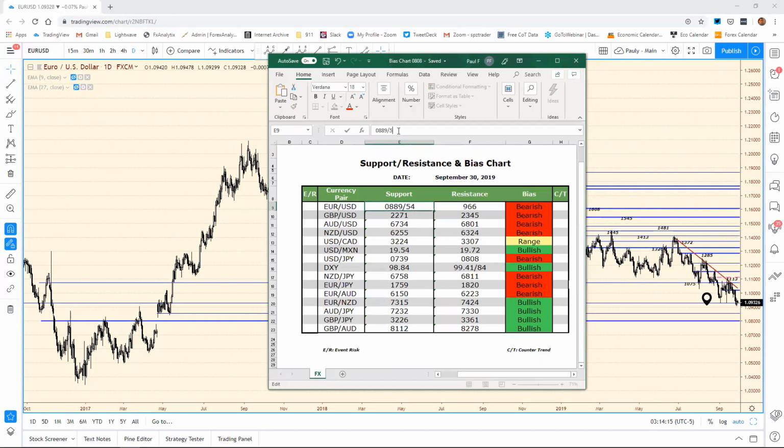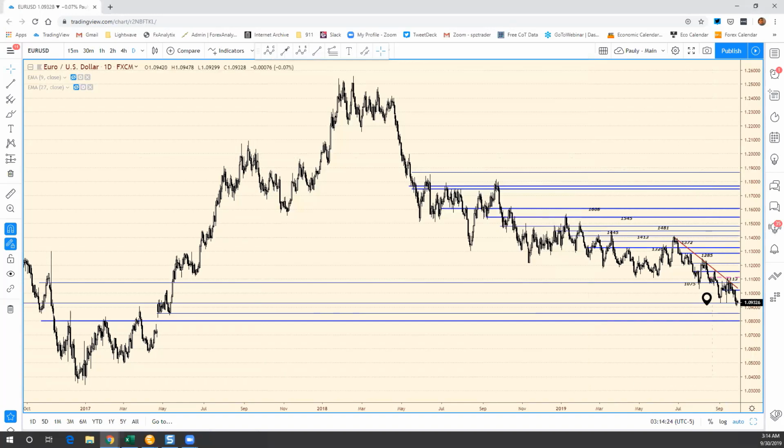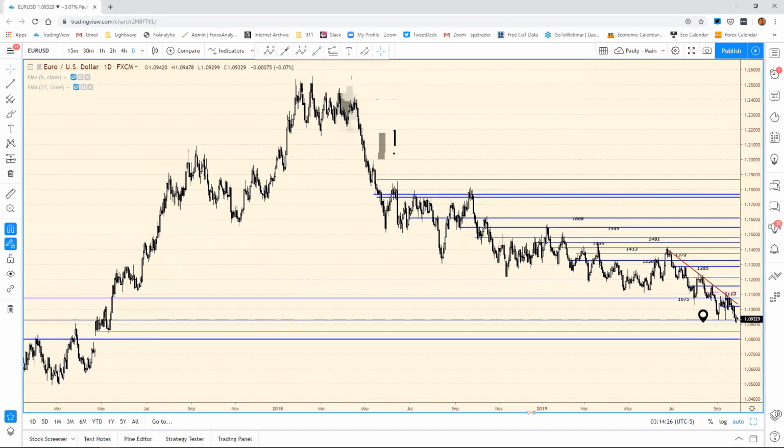So if we get past that, we're looking at the downside beyond 889, 854. And there's a good value at that 854.